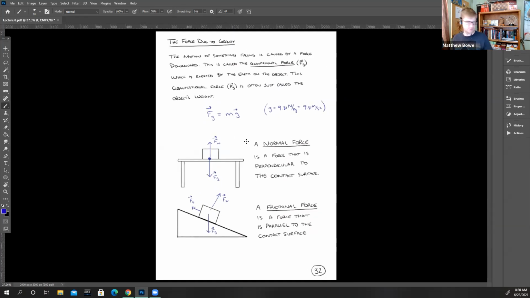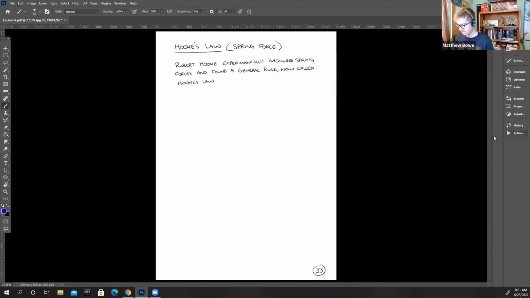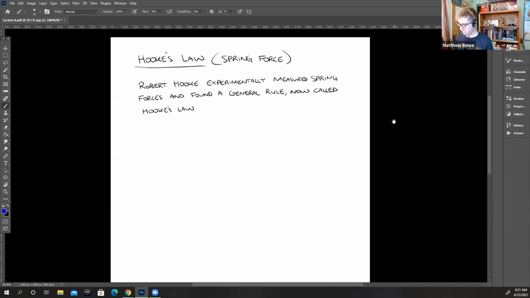Next up is forces surrounding some springs. So we have Hooke's law. Hooke's law is a very specific law. It's not too hard to grasp either.